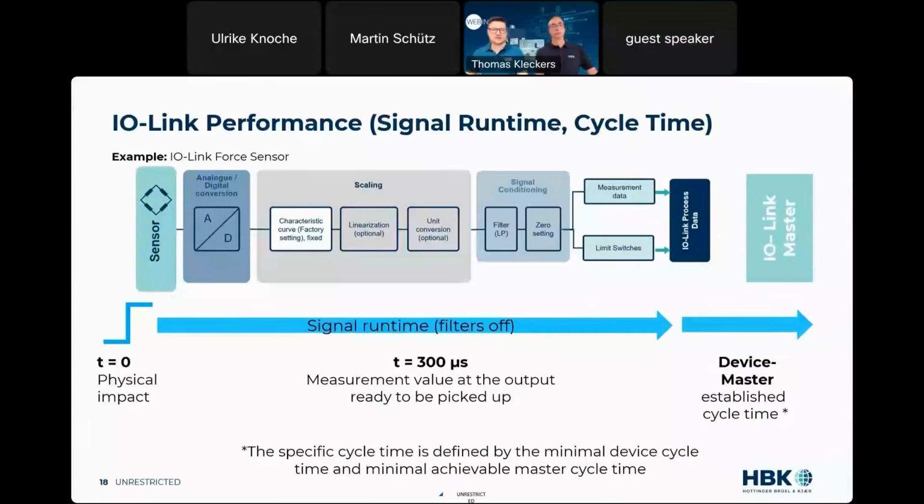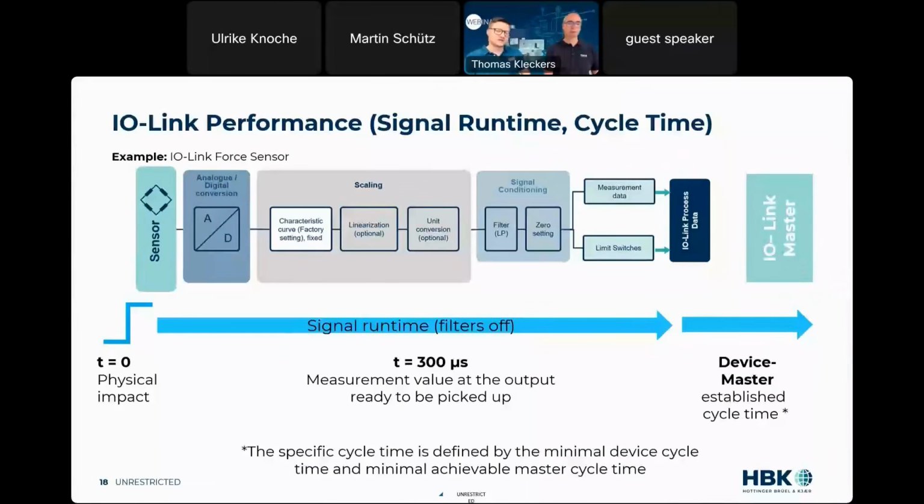Yes, coming to another performance factor, the question about signal runtime and the achievable cycle time. Pointing out here from the signal chain, you can see that the signal runtime through the smart sensor is massively influenced by filters. We know this when we look at signal chains. With these filters switched off, you can detect the fastest signal runtime from a physical impact to the output of the sensor.